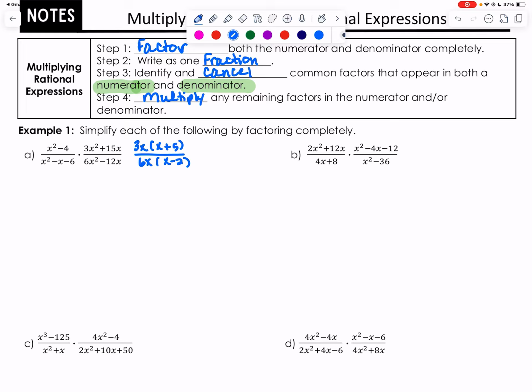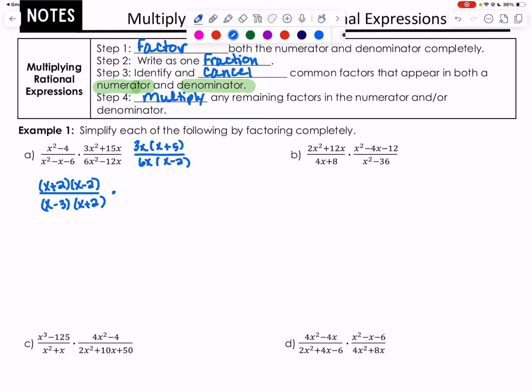Okay. Now, what I want to do now is rewrite this where I've factored every single expression that I can. So for x squared minus 4, I could rewrite that as x plus 2 times x minus 2 because it's a difference of 2 squares. The denominator, x squared minus x minus 6, could be rewritten, I'll use x and x for x squared, 3 and 2 for the 6, make the 3 negative, the 2 positive.